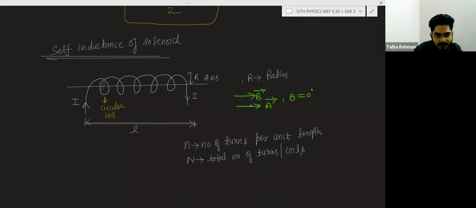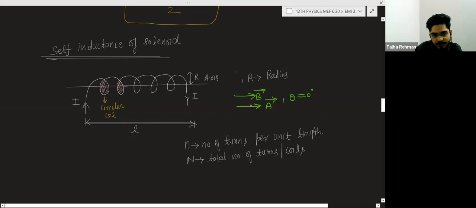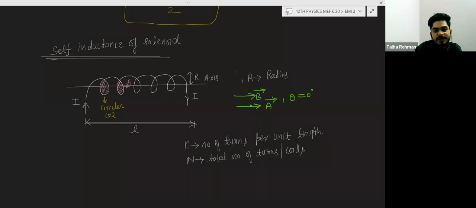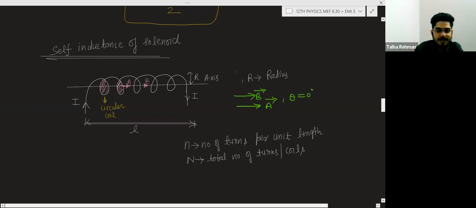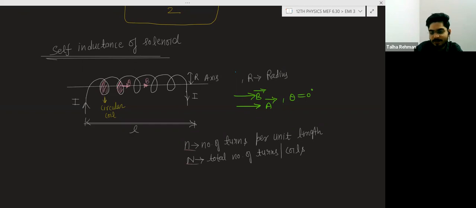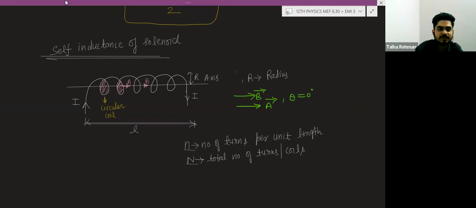This is a circular coil, this is also a circular coil. So the direction of the area vector here will be perpendicular, and the direction of the magnetic field will also be in this direction. Small n and capital N were already discussed, so I am not going to discuss this now.